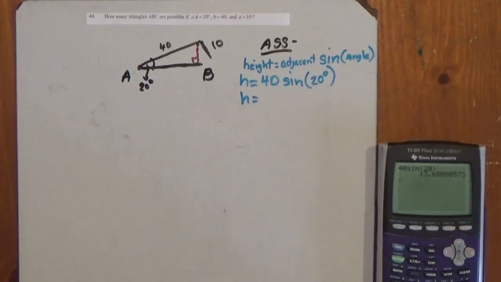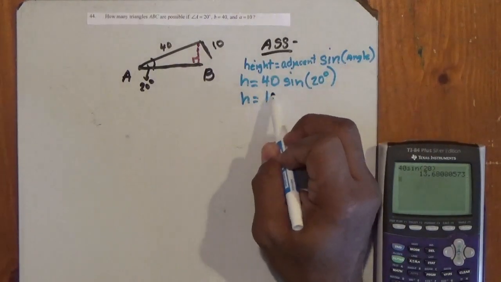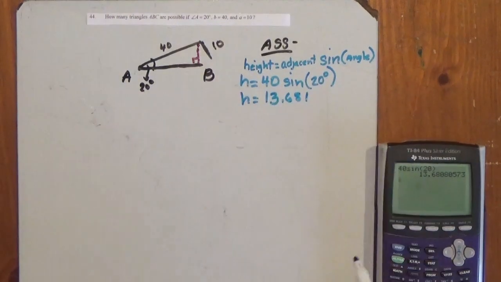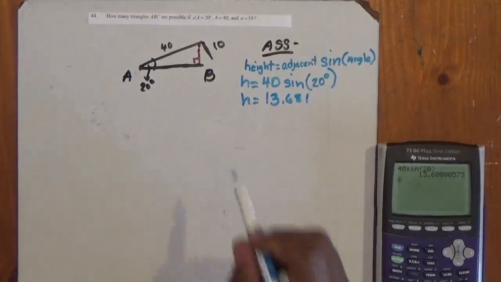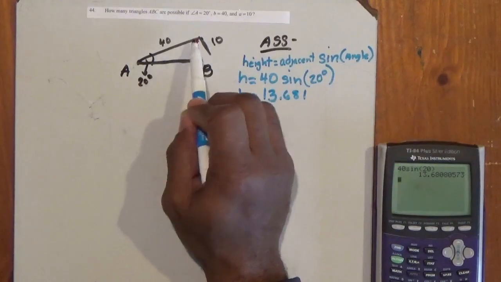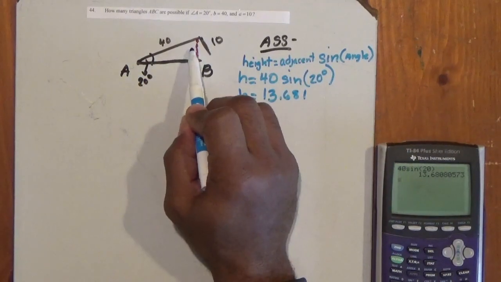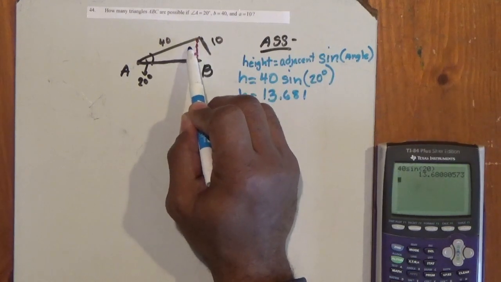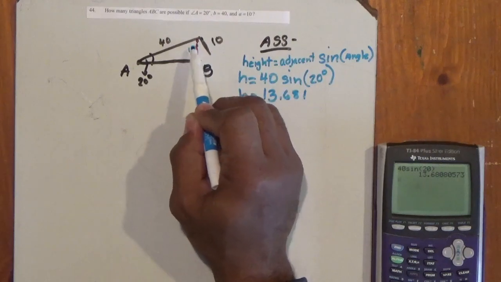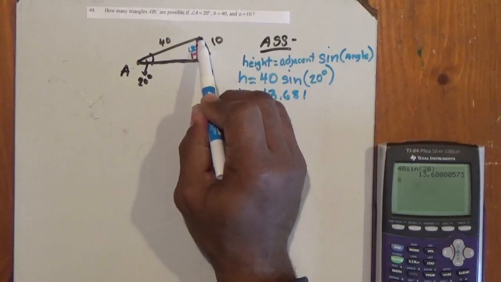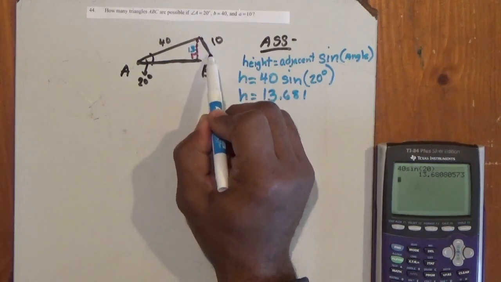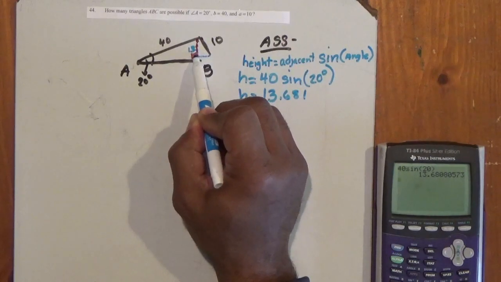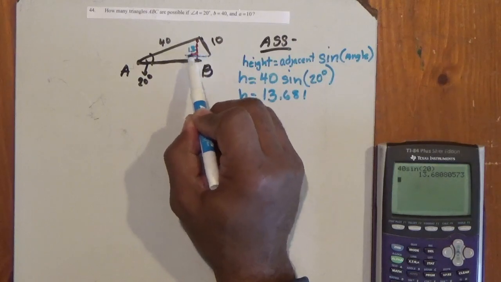Hit enter, and it's telling us that the height of this triangle would be 13.681. Now, imagine this. If this distance is 13 something, then this side right here that they told you would never reach the bottom. It would just kind of dangle.